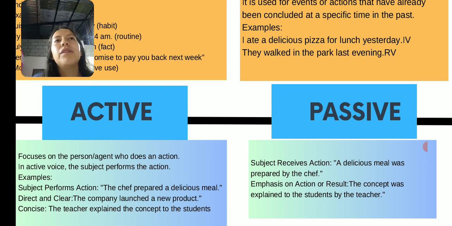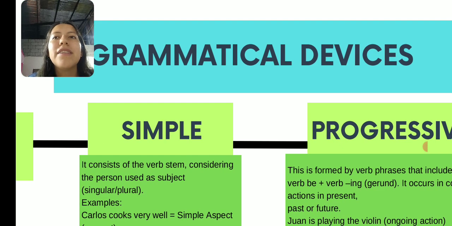It's important to understand these grammatical devices. For example, tense and aspect contribute to narrative cohesion, and their proper use maintains a logical sequence of events, enhancing the coherence and flow of the different conversations that we have in English.